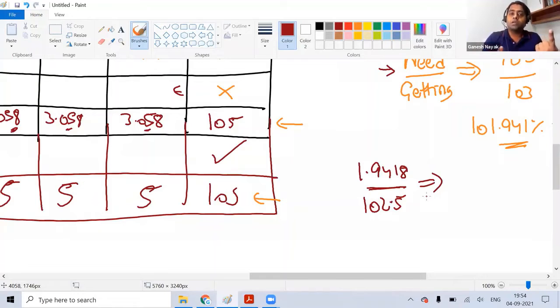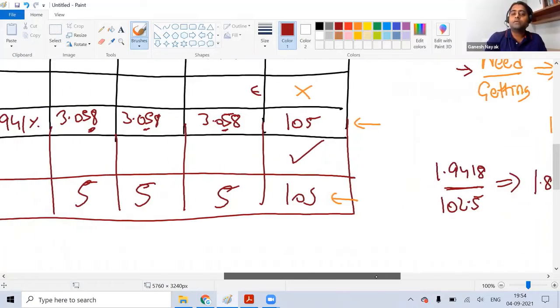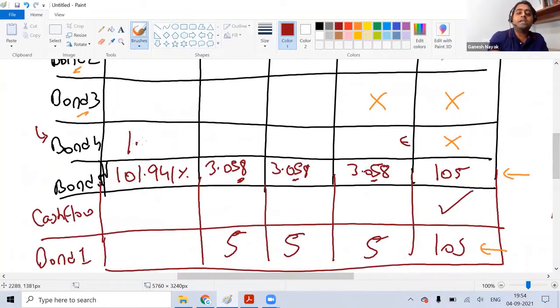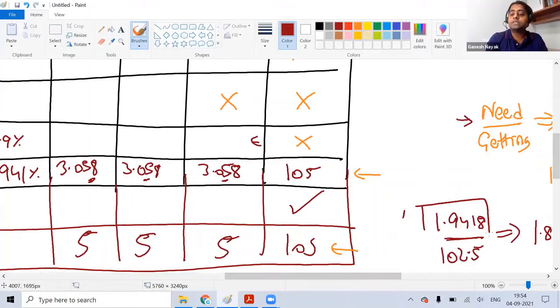I need only $1.94. So I will have to purchase only 2% of this bond, right? That is 1.89%. Roughly 1.89%. That means the moment I take 1.89% of this bond, then at time 1.5, my cash flow will exactly match this, which is going to be 1.9418, and this will match the $5, and it is going to be perfect.